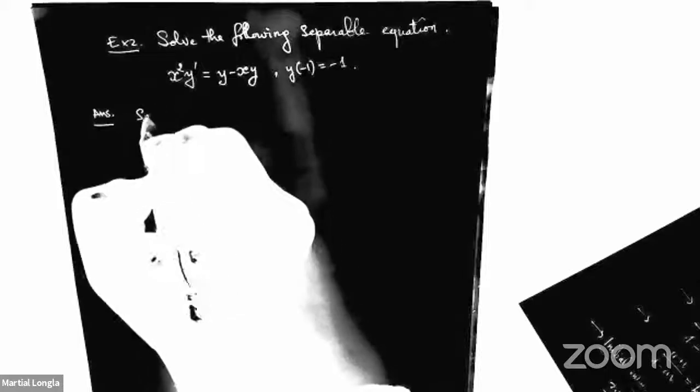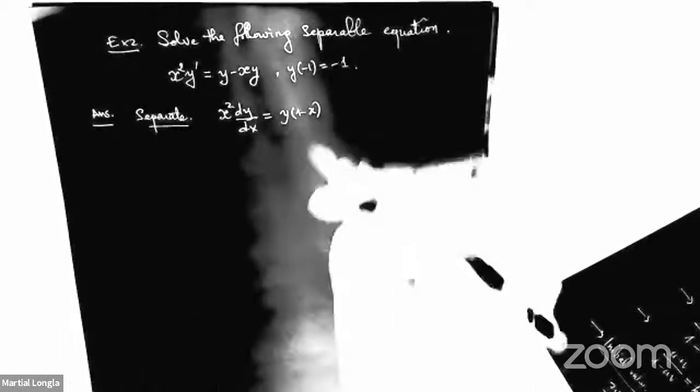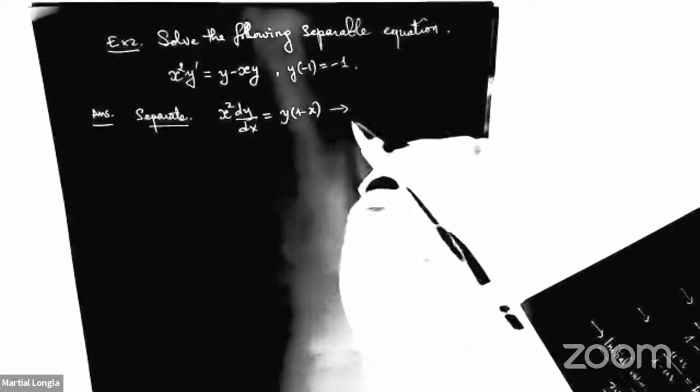So when it says separable, you want to separate the variables. So first thing, separate the variables. In order to do that, you replace that y prime by dy over dx. So that's x squared dy over dx equals, and here you can factor out, you get y times 1 minus x. Then you do what we just did in the other one, send the dx to one side and dy to the other side.